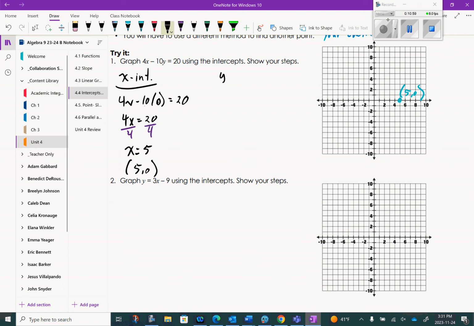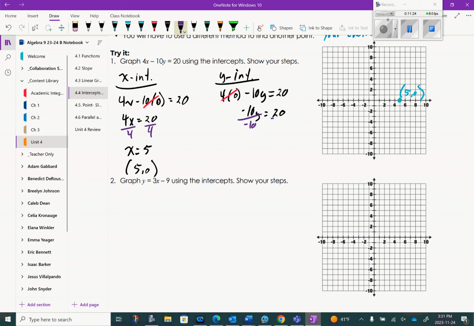Then for the y-intercept, zero is what we substitute for x. Careful of the negative. Negative 10y is equal to positive 20.